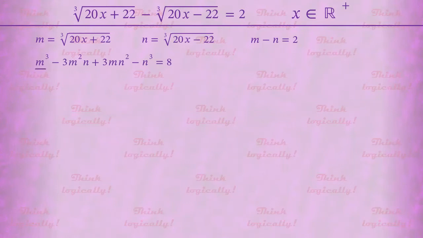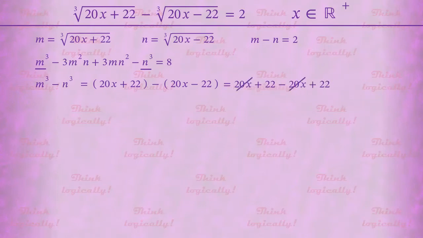Now m cubed minus n cubed can be written as 20x plus 22 minus 20x minus 22. After expanding the brackets and reducing common terms, we get just 44. For the two remaining left-hand side terms, we can factor out negative 3mn, and replacing m minus n in the brackets with 2 gives negative 6mn.